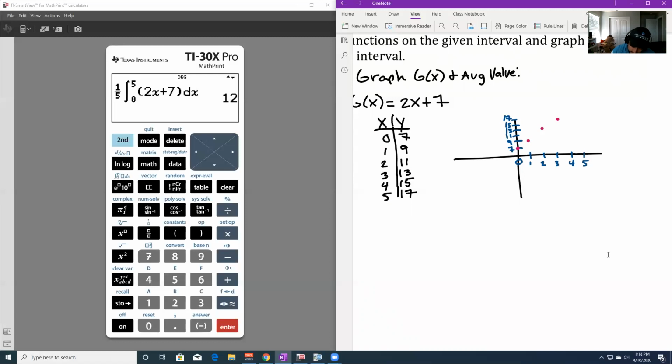I'll fix it. 2's at 11. 3's at 13. 4's at 15. 5's at 17. So that's what our graph looks like. And I'll put the points back on there. There you go. There's our graph.